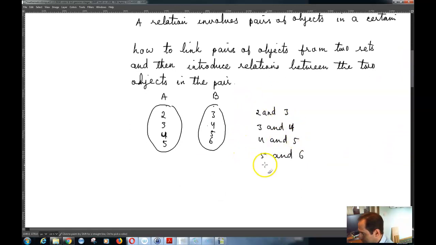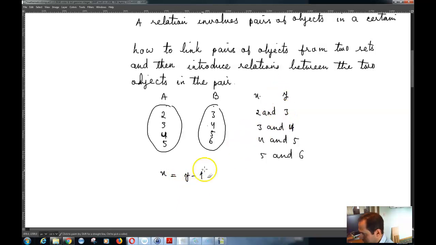Sometimes it's possible to have some sort of relation between the two objects in the pair. For example, if I call all of these numbers x, and I call all of these numbers y, you can always see that x is equal to y minus 1.